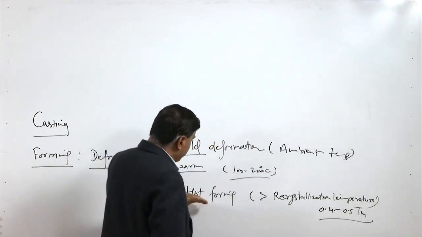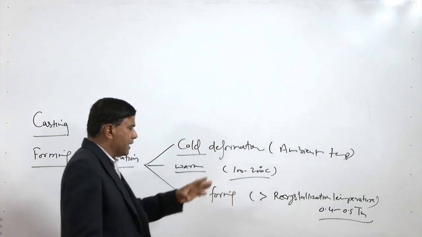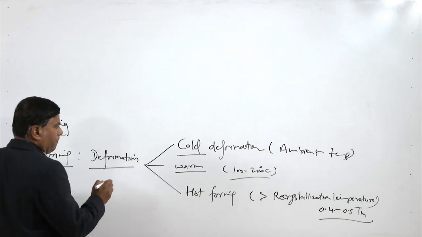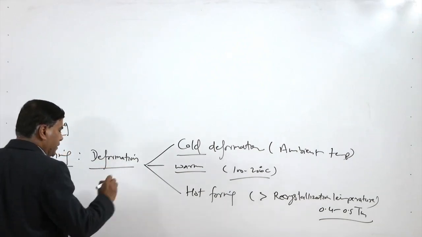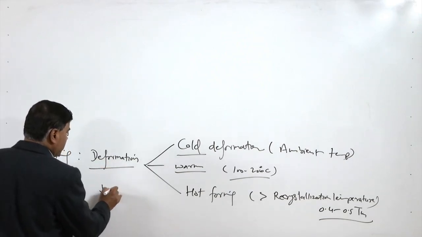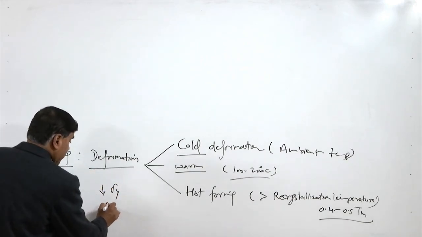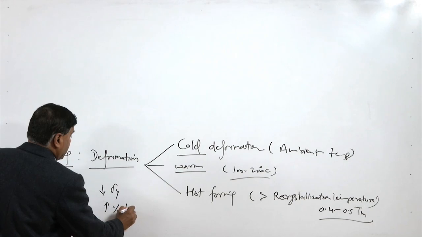So, when the hot forming is applied, temperature is high, and that helps in, so increase in temperature during the deformation or during the forming helps to reduce the yield strength of the material. At the same time, it helps to increase the percentage elongation.